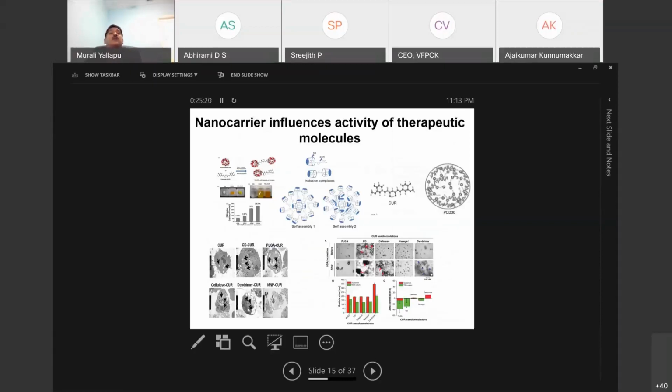And we characterized them well using various physicochemical methods, and did some of the biological assays, and we confirmed that even if you use the same therapeutic molecule, you put them inside various types of nanoparticles, and you see different therapeutic activity. And here we see greater activity when we combine with magnetic nanoparticles.